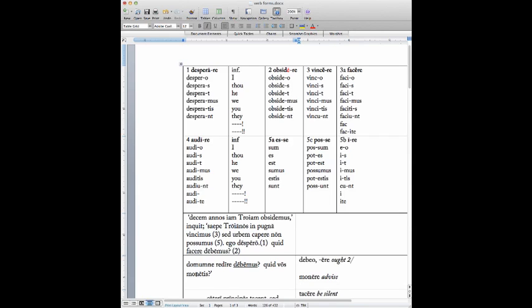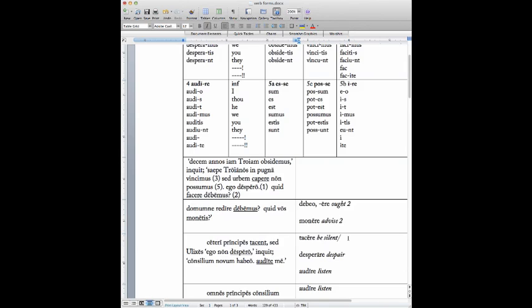Next of all, monetis has the infinitive form monere, the long ere, so it's the same form as above. Same with tacere, because there are only 8 versions of it. It's not too complicated. But then desperare, from despero, I despair.